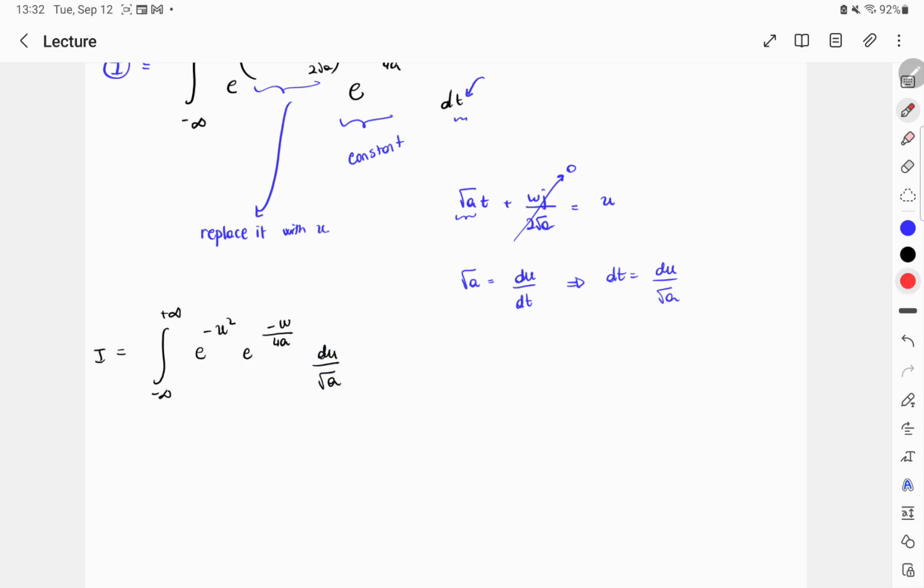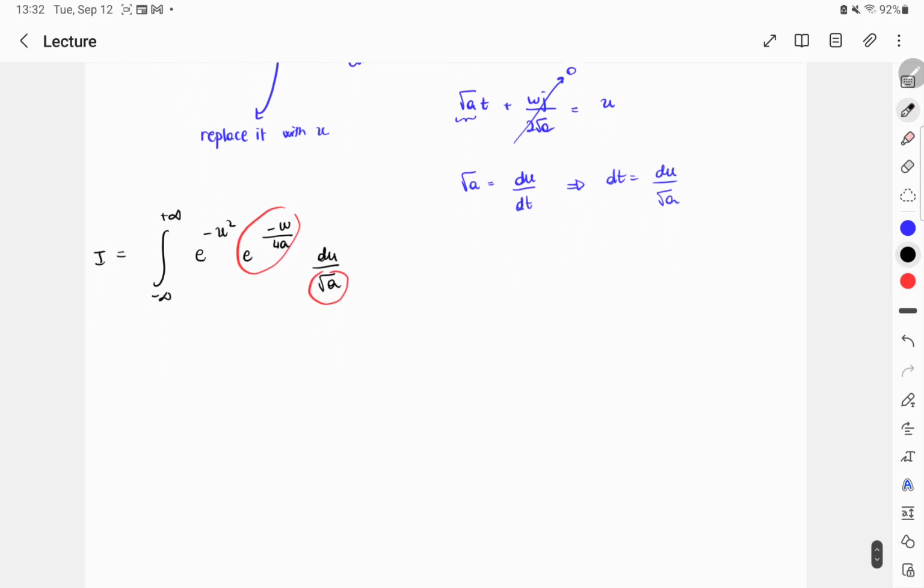As we can see here, this is a constant, this is a constant. Let's move them outside of the integral, and we'll just have this expression.